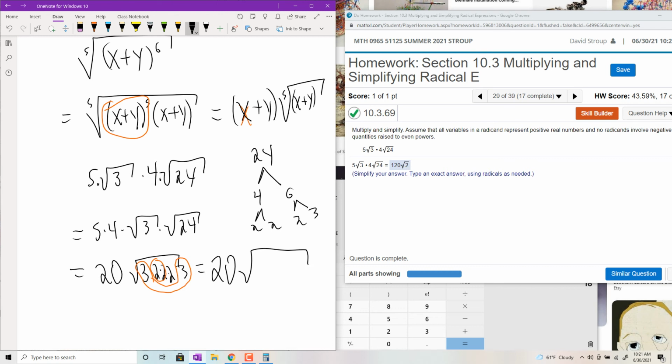Square root of 3 times 3 is 9, and then that 2 times 2 gives me a 4, and then there's the leftover 2. Okay, so I'll have 20 times square root of 9 is 3, times square root of 4 is 2, times the square root of 2, and then multiply all those leading terms out. 20 times 3 is 60, times 2 is 120, square root of 2.